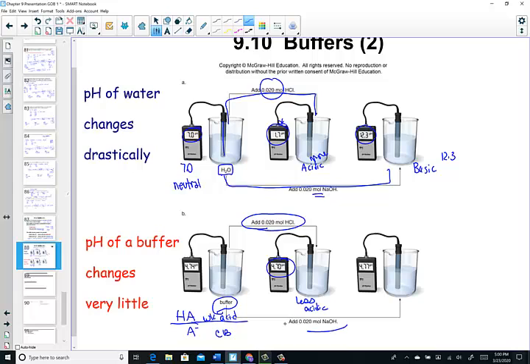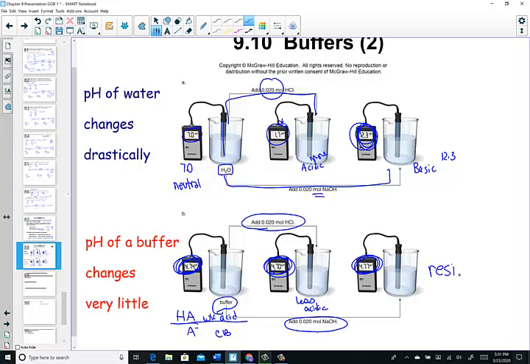Doing the same idea here with the 0.02 molar NaOH, see how it went to 12.3 in the unbuffered solution? And now it's at, it says 4.77, but that really should say slightly basic. So our solution went down a little bit to be a little acidic with the acid, and from 4.74, just a little bit higher with a strong base.